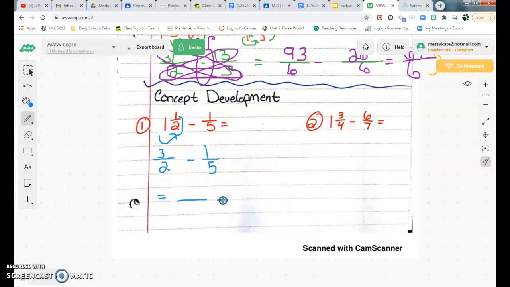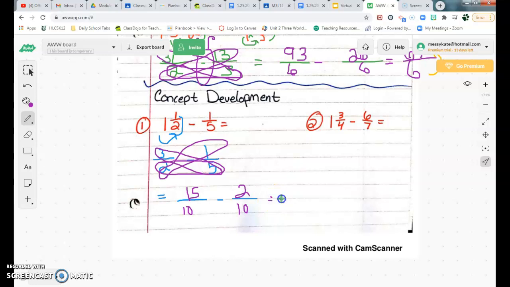I'm now going to do the butterfly method. Start with the butt of my butterfly, which is 2 and 5, which is going to give me 10. Then the left wing, 3 times 5 is going to get me 15. Then my right wing, 2 and 1, and 2 times 1 is going to get me 2.